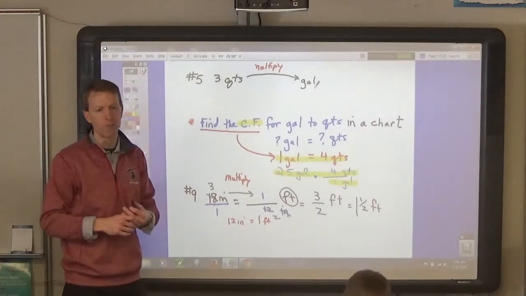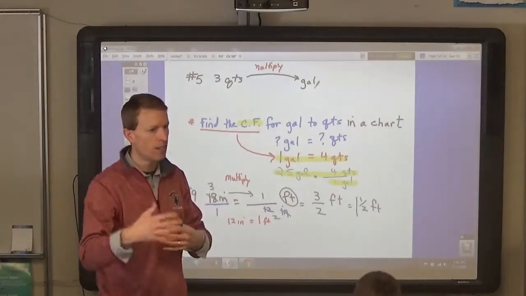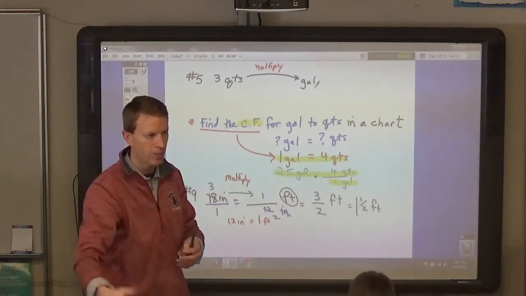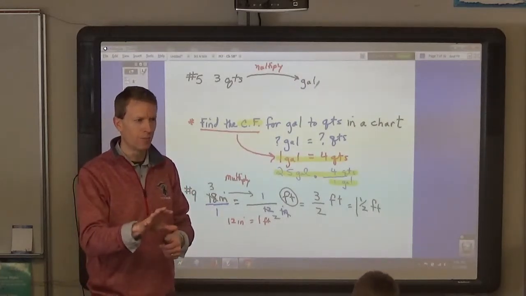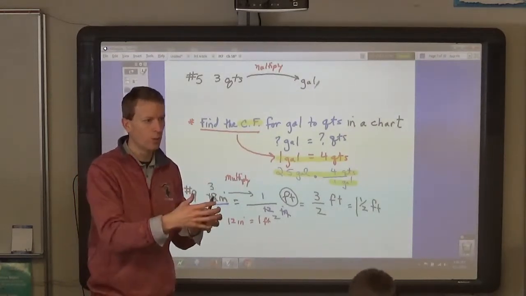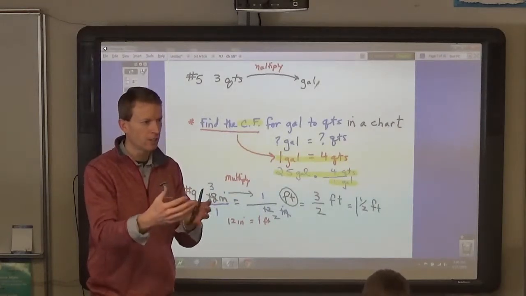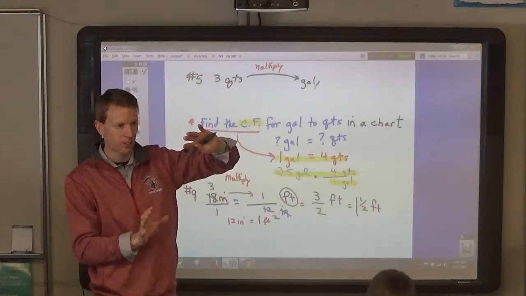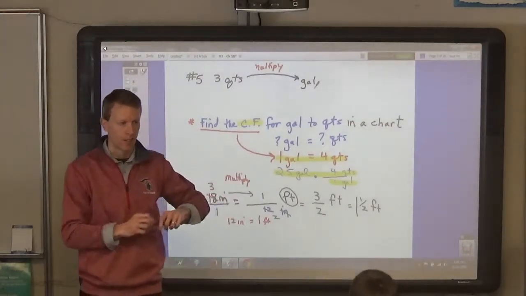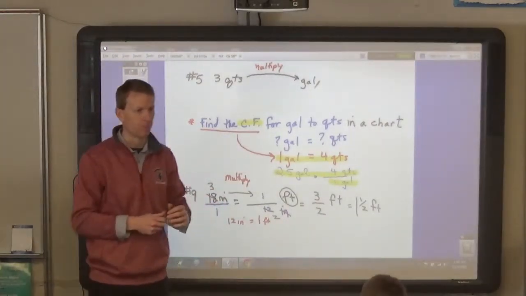You can compare the number of 6th graders to the number of 7th graders, for example. That's a ratio. So 22 6th graders over 21 7th graders. That's a ratio of 6th graders to 7th graders. Okay? They have different labels.